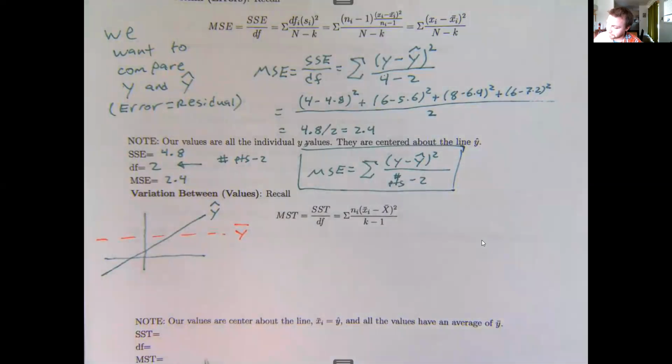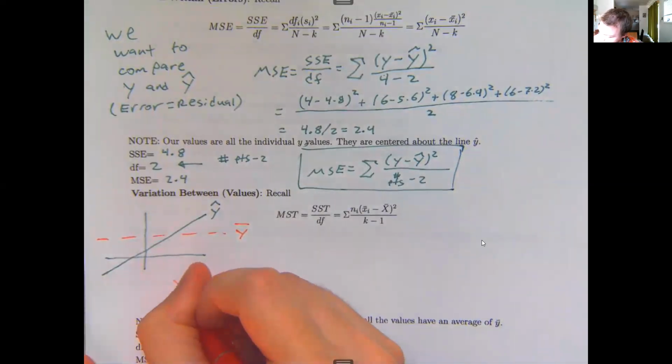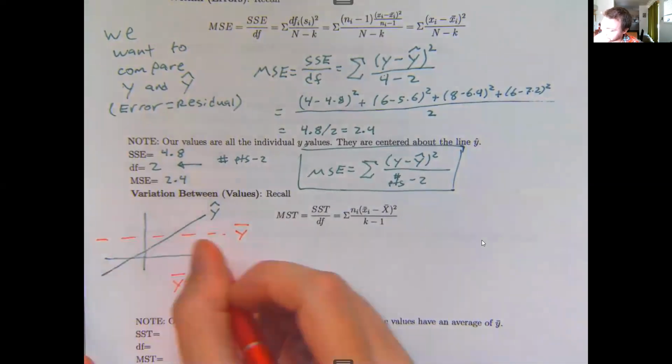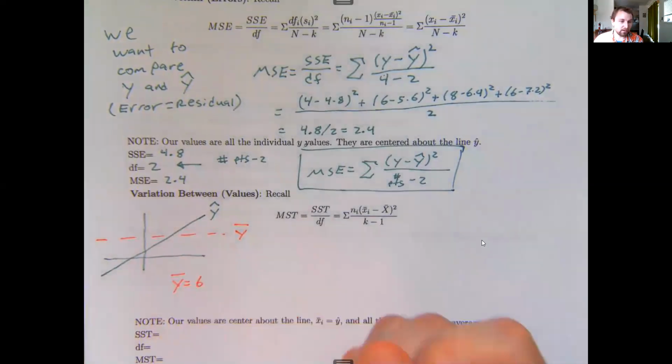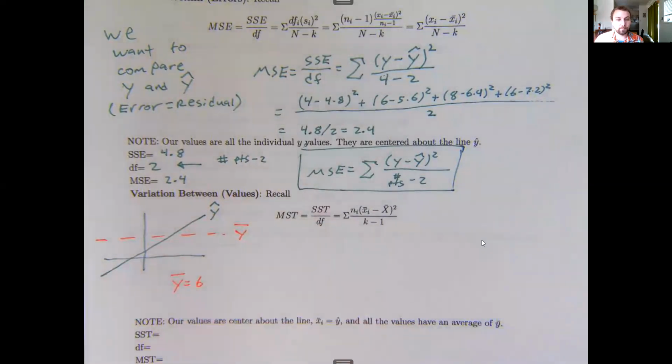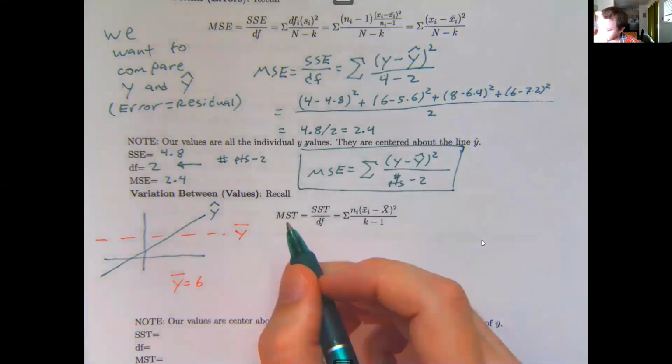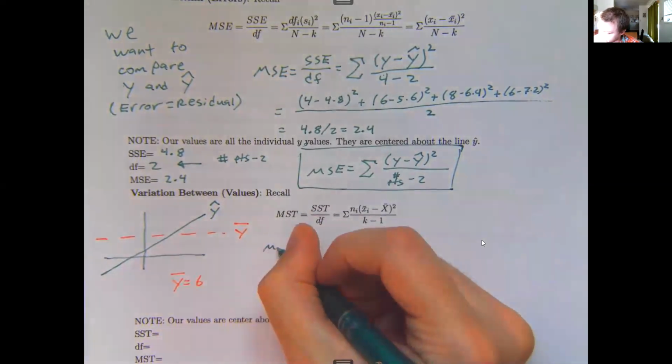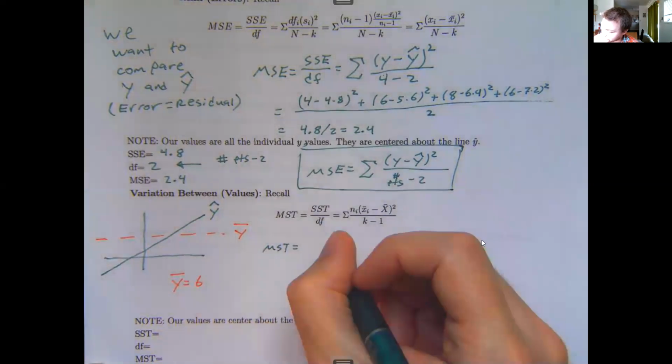When I found the average of all of my y values, my flat line in this case is 6. So I'm wondering how much do my predicted y values, my y hat, vary from this 6? Setting that up here as if this was a mean square comparing groups, let's see what this would look like.